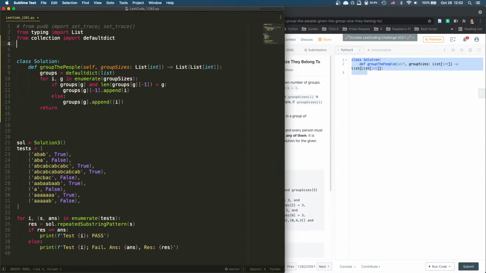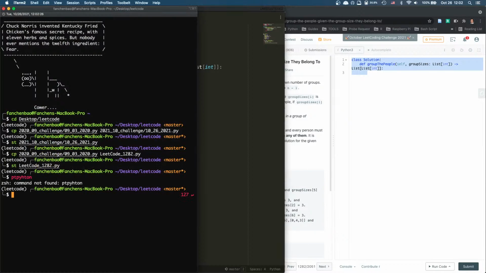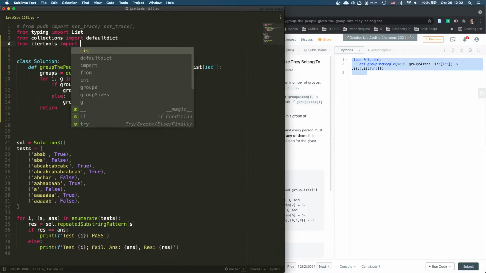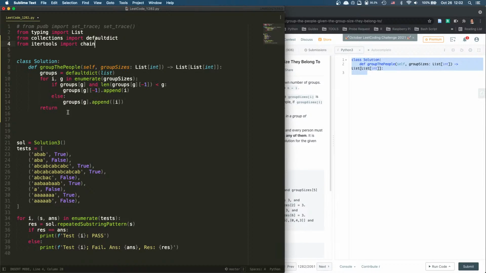Let's try using chain from itertools import. What is it, from collection or collections? I forgot. Yeah, it's collections. So let's try chain. How do we want to chain it?